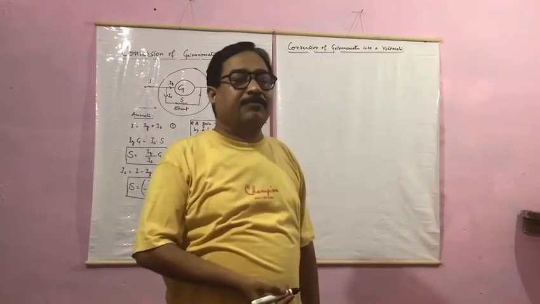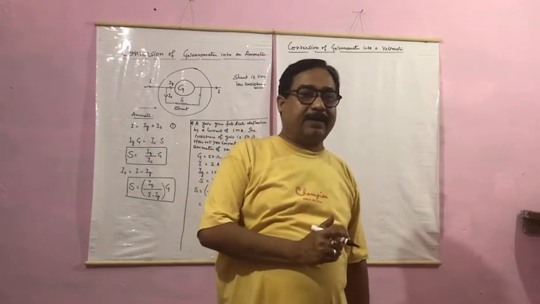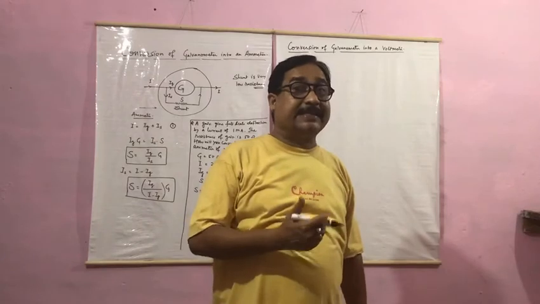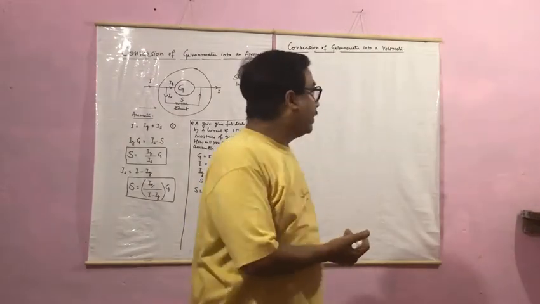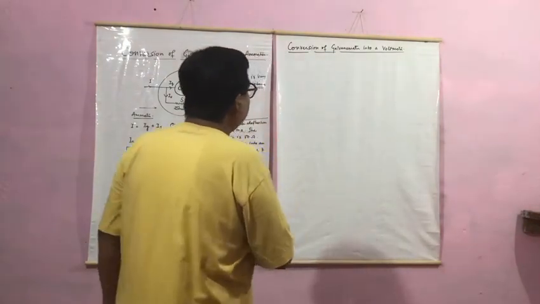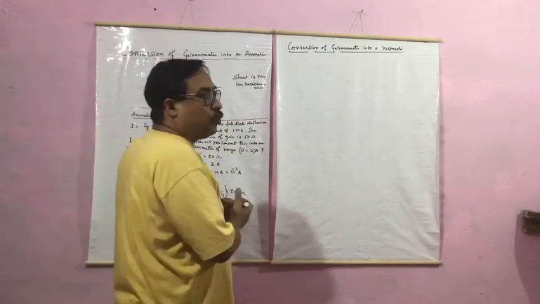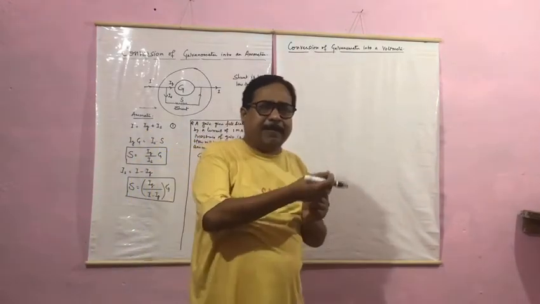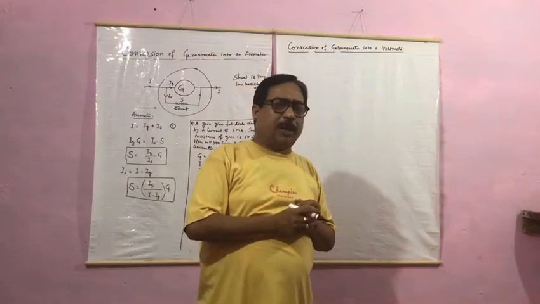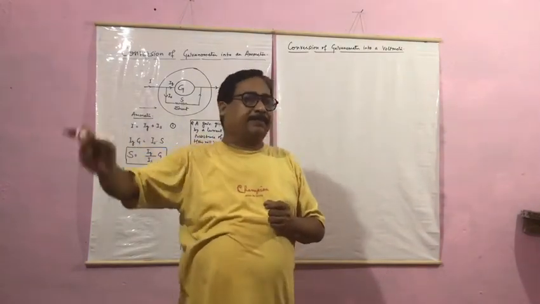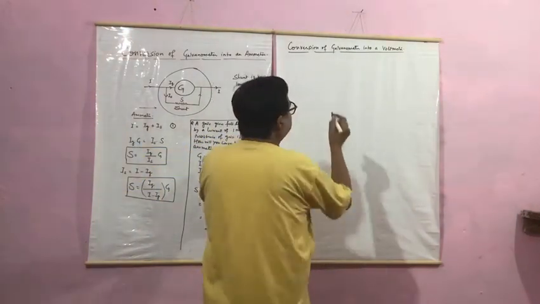So voltmeter is always connected in parallel to the circuit. Ammeter is always connected in series of a circuit, right? So our aim is to send a very minimum amount of current to the voltmeter without disturbing the main current to the circuit.